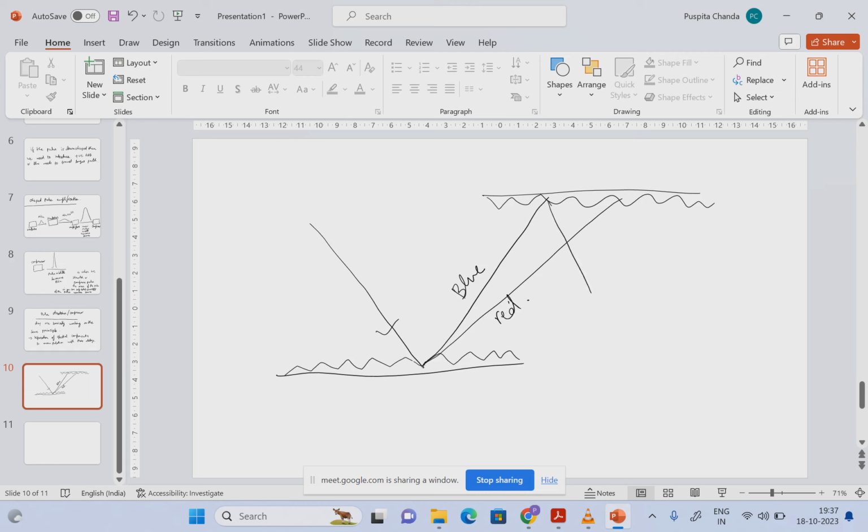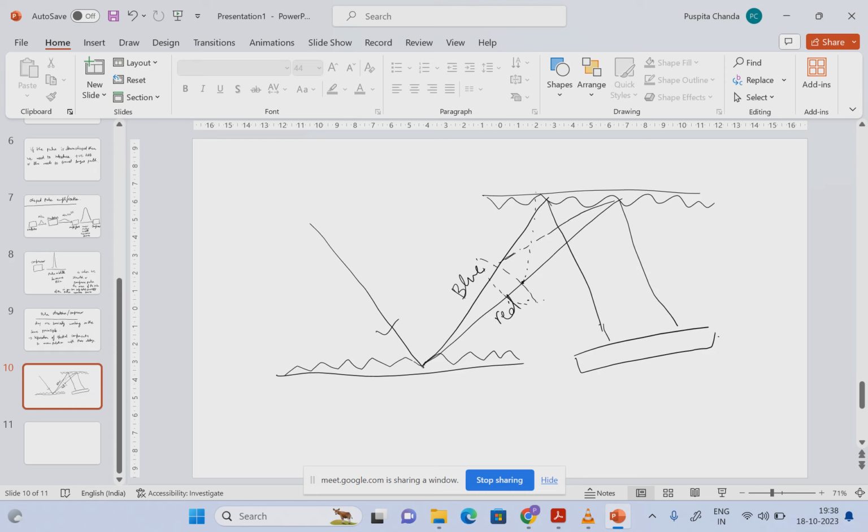And we got this thing here. So if I want to manipulate the path, I can put a lens here, then this light will go there and this light will go there.